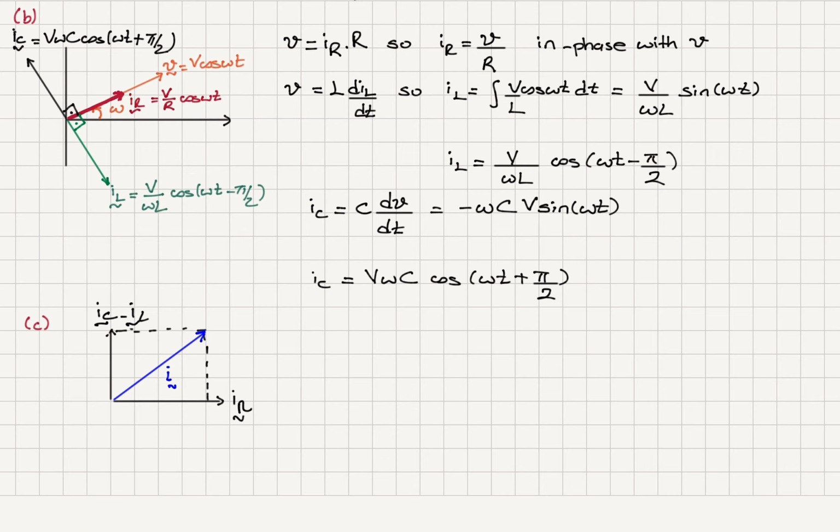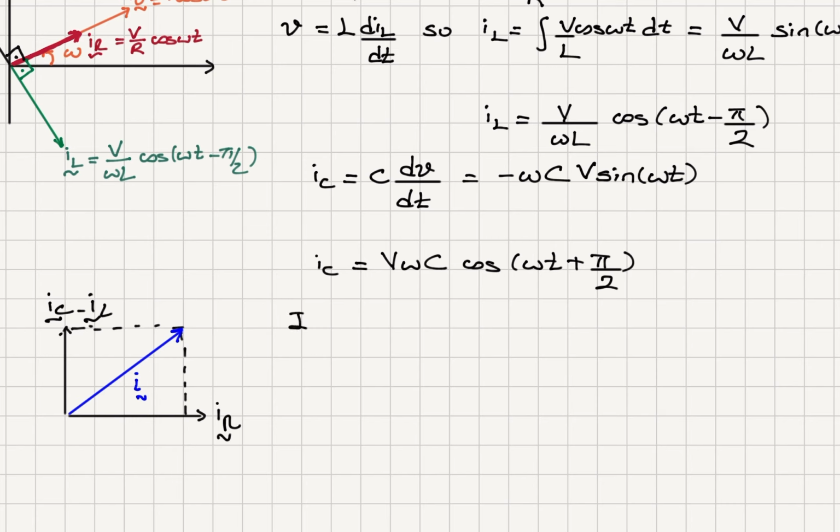Okay, so the magnitude of the current amplitude is the magnitude of the I phasor, which is the square root of IR squared plus (IC minus IL) squared.